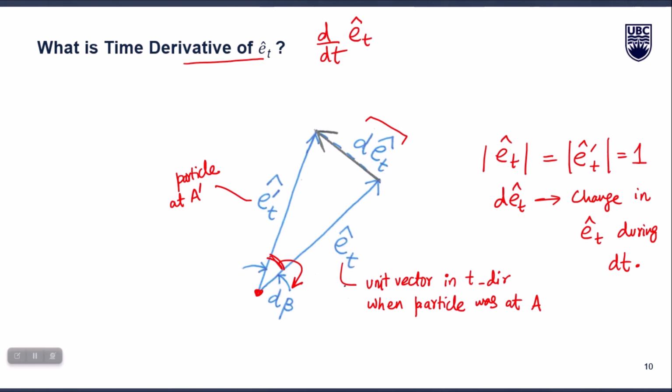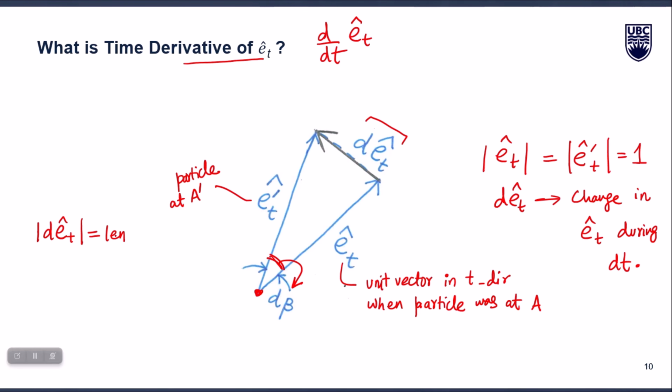So for example, I can say that here the magnitude of this change dE_t is simply equal to the length of the arc which this E sub t vector is making in rotating an angle of d beta, right.